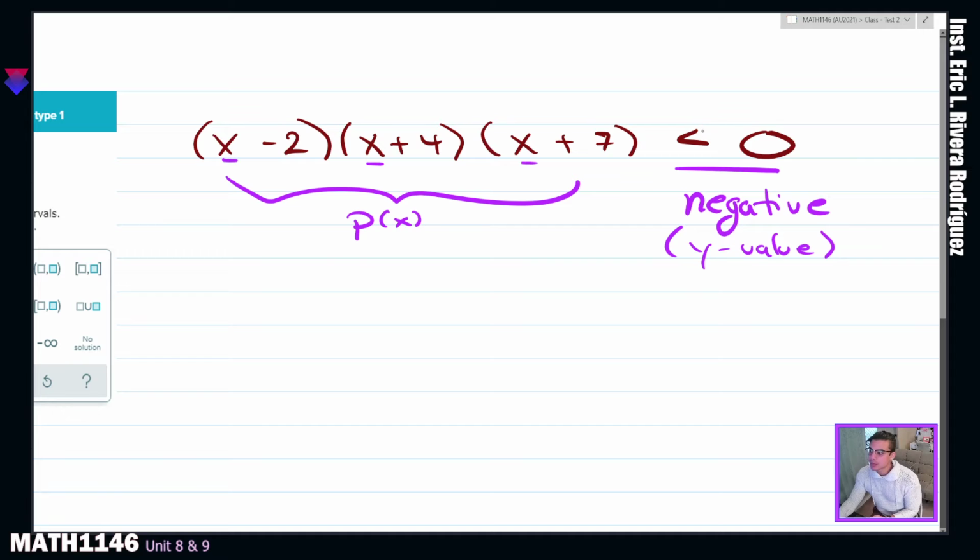Now, the inequality here brings a different type of solution, because we are going to find all those x values that make this polynomial negative. So we are going to have an infinite set of x values. Hence, the solution is going to be given in interval notation.